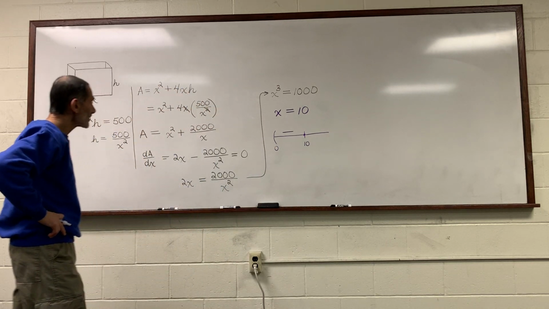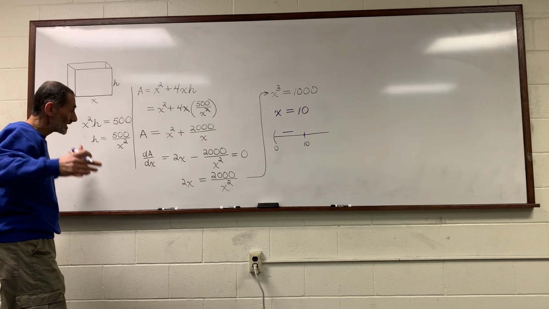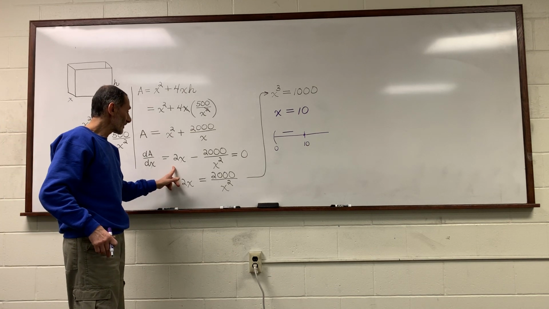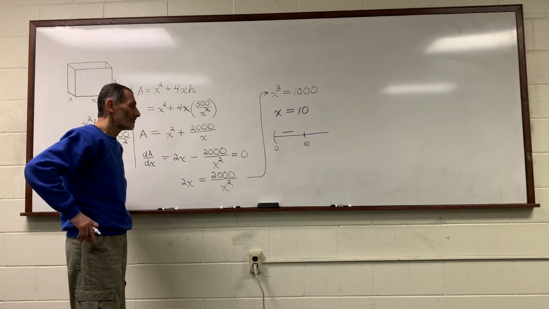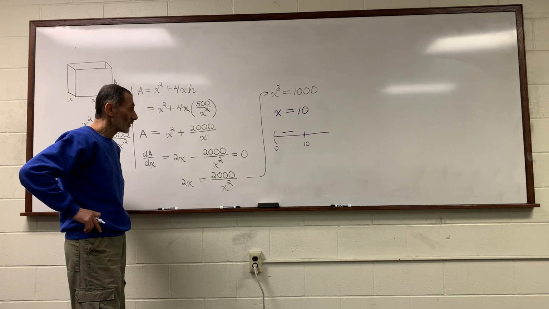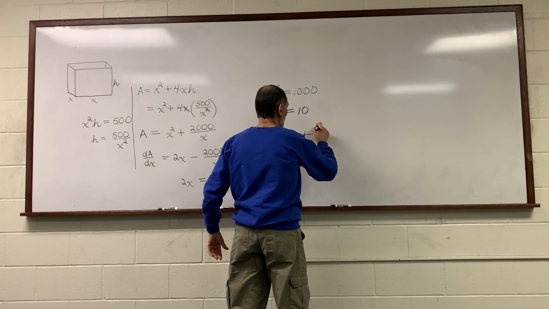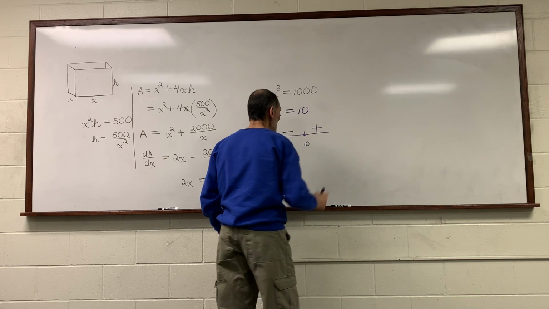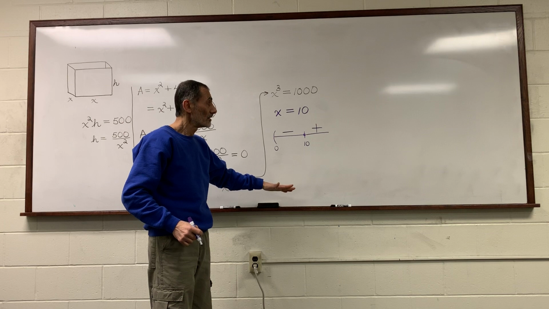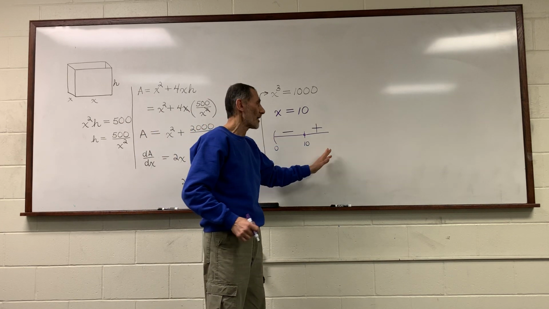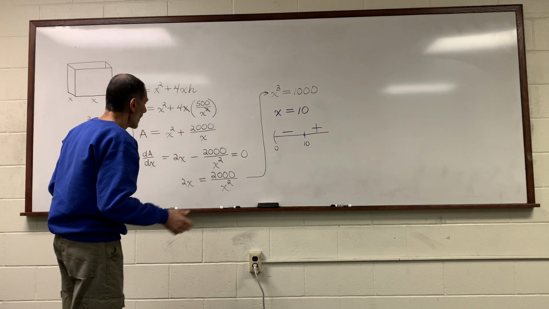If x is greater than 10, like 20, your derivative would equal 40 minus 2,000 divided by 400, 20 squared. 40 minus 5 is definitely positive. So, clearly, when x equals 10, the surface area attains a minimum. And there is no other critical number. This is not going to come back down again. Therefore, we know that it's a minimum.